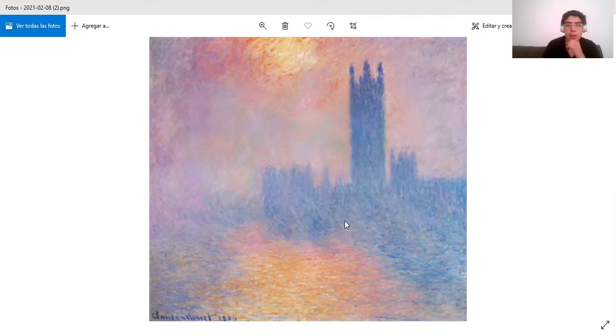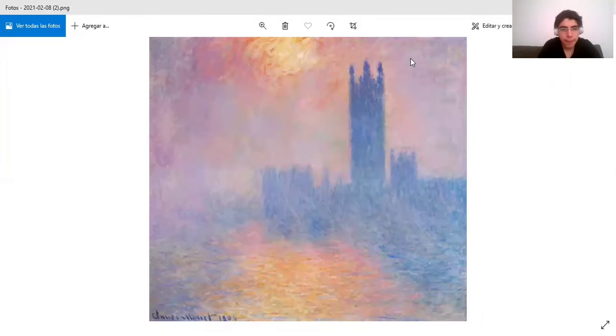Here we can see that we have yellow. We have yellow here. We have the same yellow here. We have orange. We have gray blue. We have other tonalities of grays and purple. So here, maybe a little blue, dark blue.